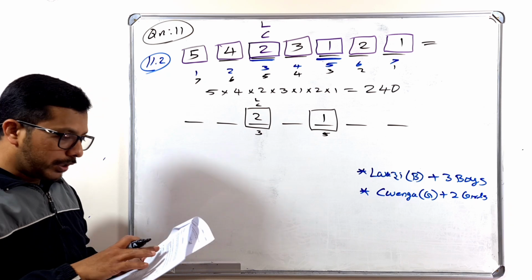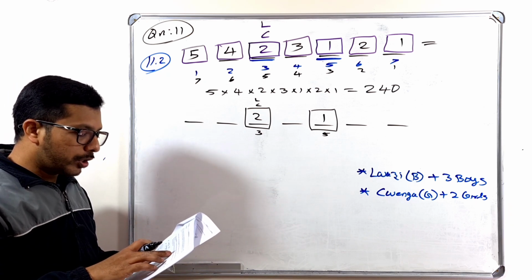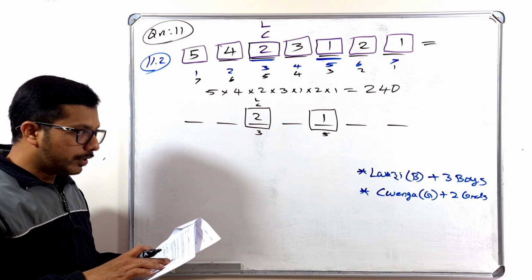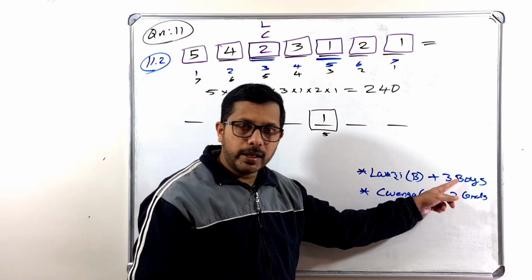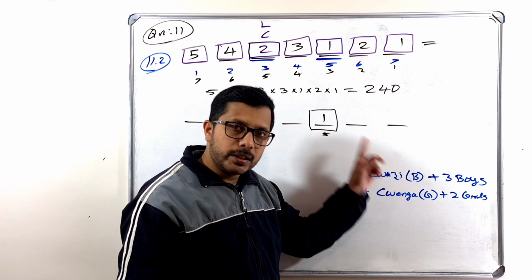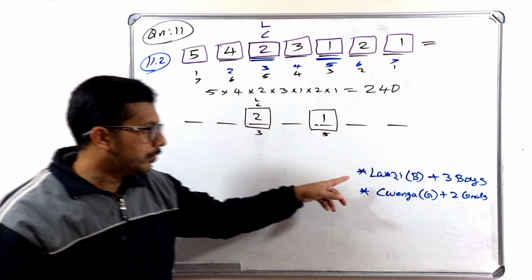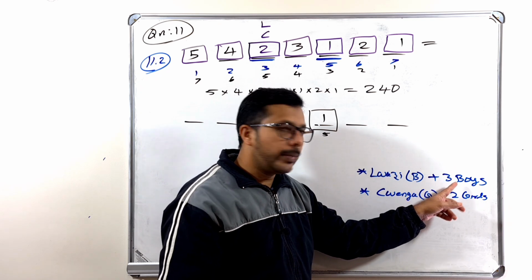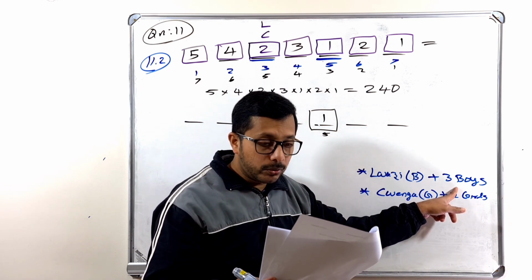Okay, now look at this one. The last seat is occupied by a boy. Total, how many boys are there? 4 boys. And this one already seated there, either here or here. So now total, how many boys remaining? 3. Now look at that sentence.